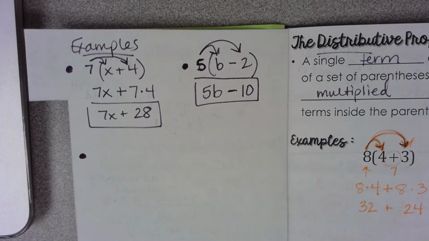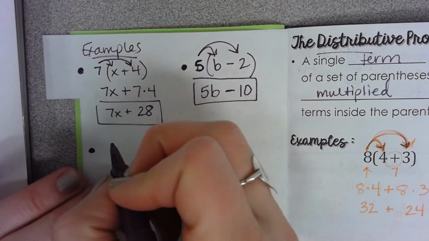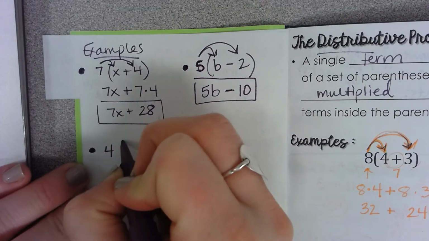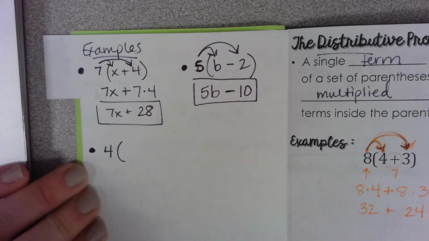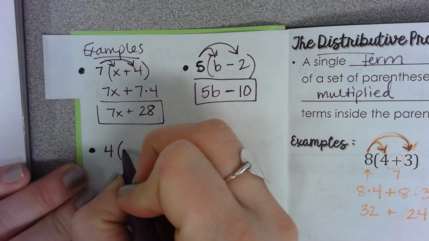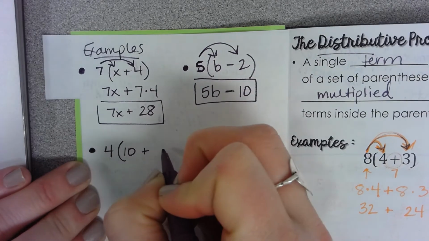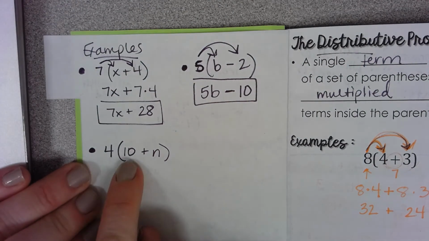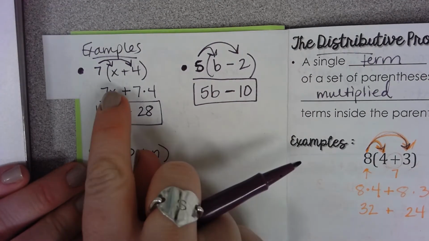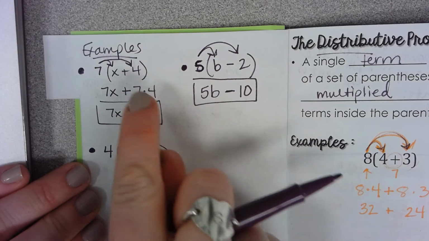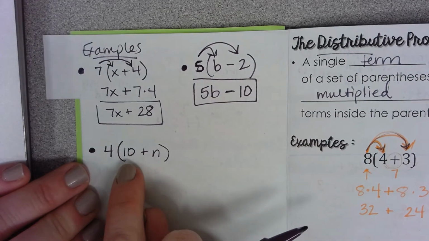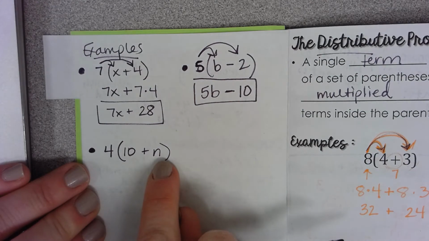Okay, so now let's do 4 times the group of 10 plus n. You'll notice that in these two problems up here, I started with my variable inside the parentheses, and then my value was the second number. But now it's flip-flopped, and we're still going to use the same process to solve.